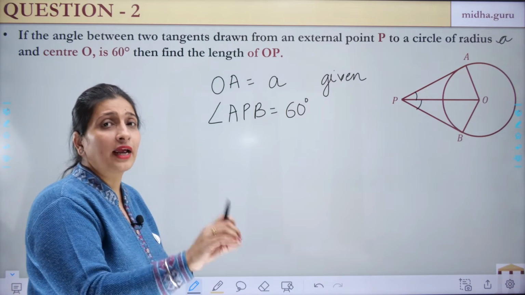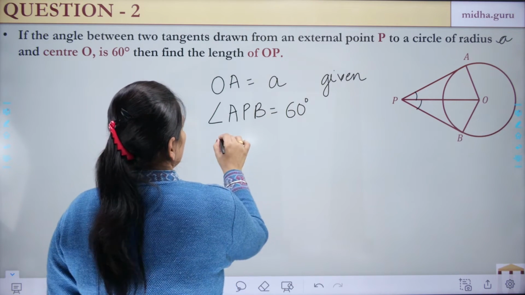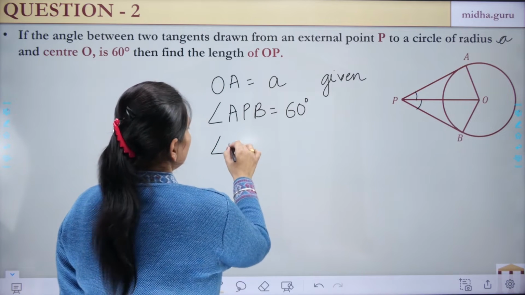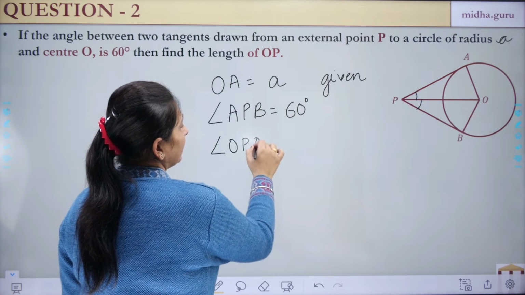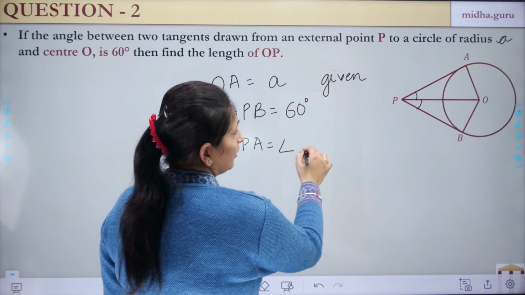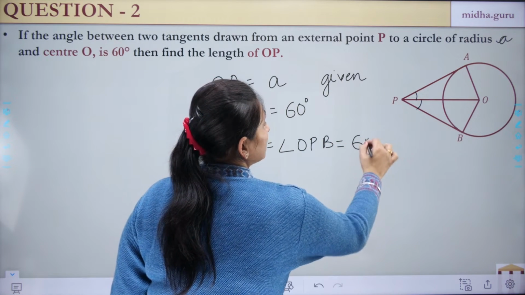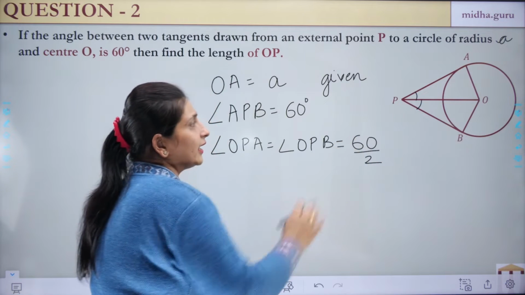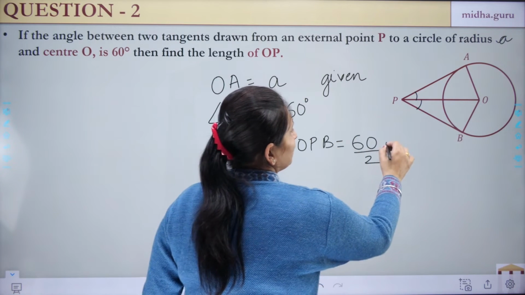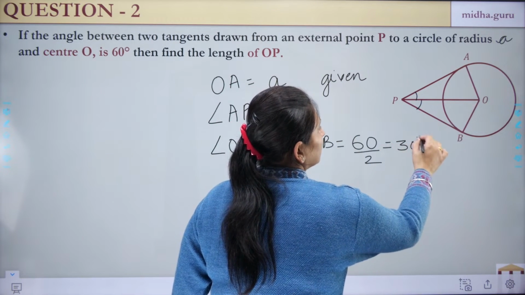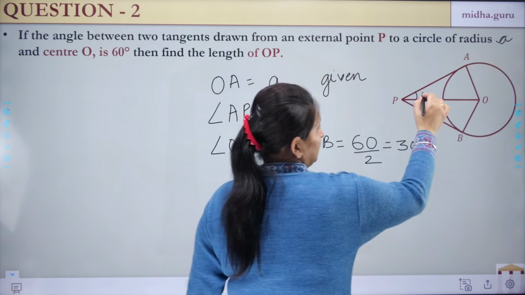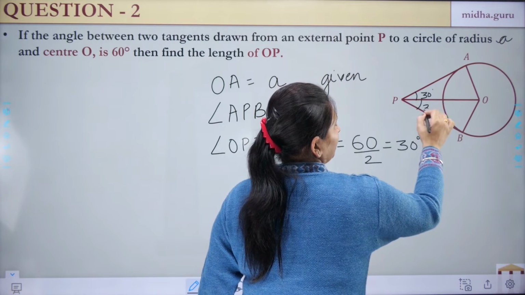So you have to write the entire statement. Angle OPA is equal to angle OPB, which will be equal to 60 by 2 because the entire angle APB is 60 degrees. It will be 60 by 2, which is 30 degrees each. So these two are 30 degrees.